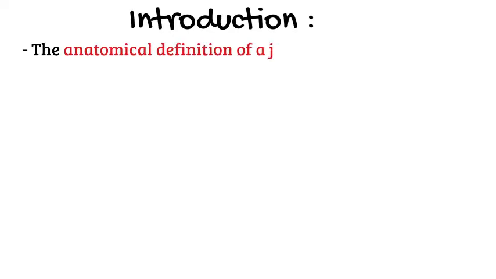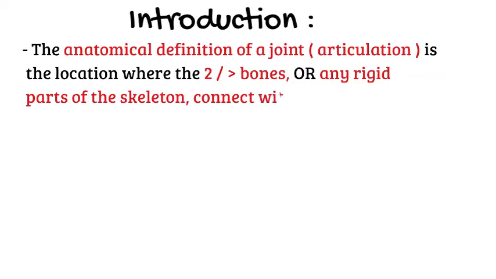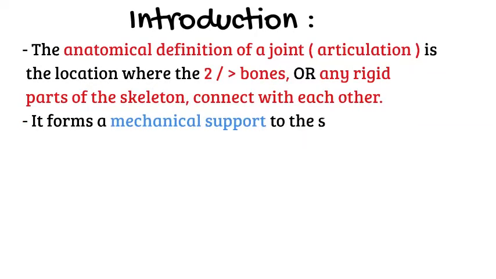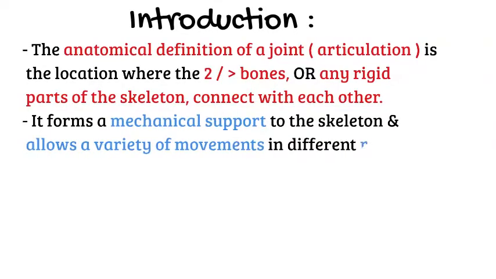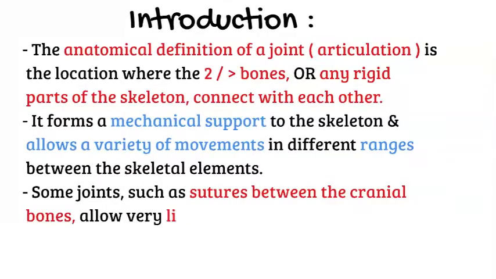As an introduction, the anatomical definition of a joint, or articulation, is the location where two or more bones or any rigid parts of the skeleton connect with each other. It forms a mechanical support to the skeleton and allows a variety of movement in different ranges between the skeletal elements.